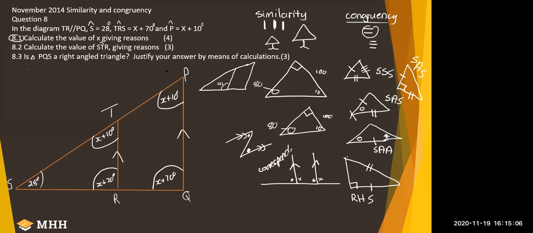Okay, if I look at this, I'm going to work with my interior angles in this triangle, right? I'm just going to work in this triangle. So I'm going to say angle S is 28 degrees, that's given. Angle TRS is equal to x plus 70, that's given.